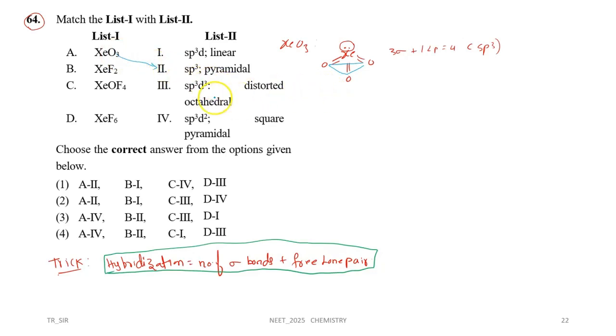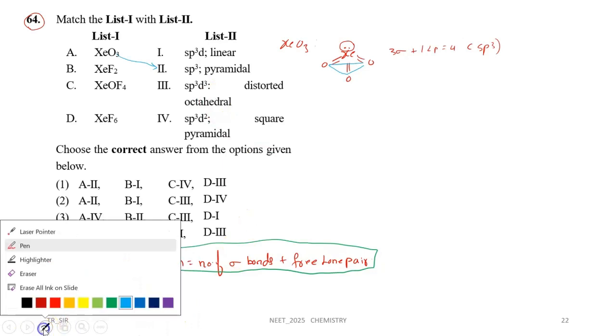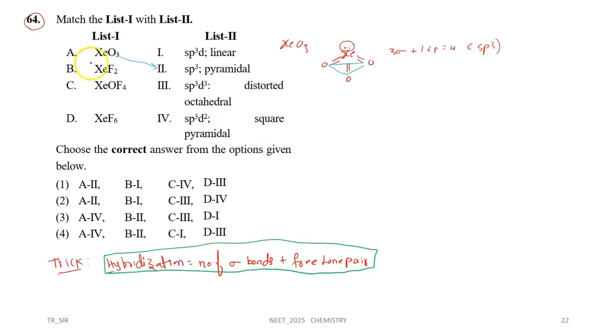Along with that, the next statement is xenon difluoride, the second one. So A is completed. Now for B, take the given XeF2. Fluorine is monovalent. Xenon has 8 electrons.